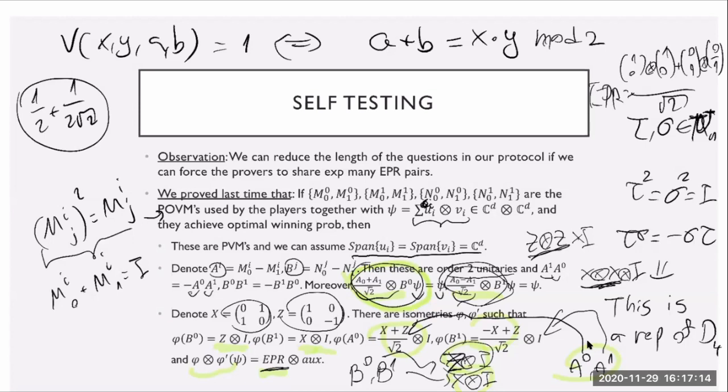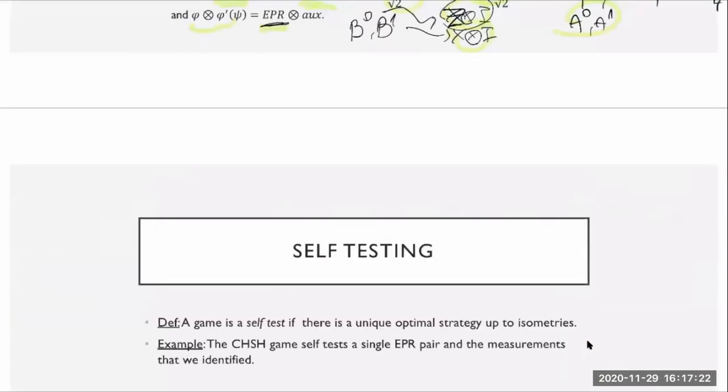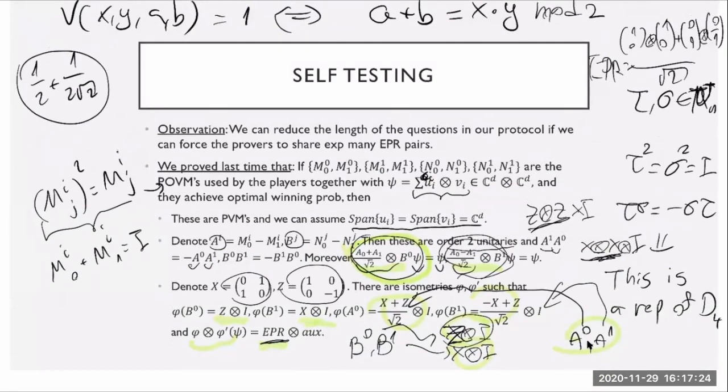Great. Okay, so this was what we've done last time. And the consequence of all this discussion is that for the players to play optimally in this game, there is only one strategy that they can use. In essence, there is only one strategy.